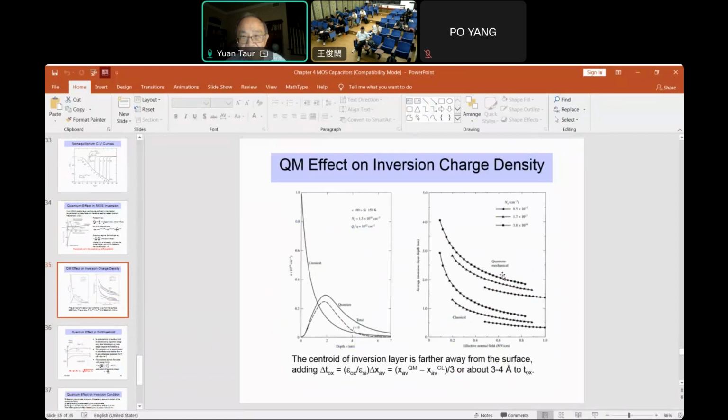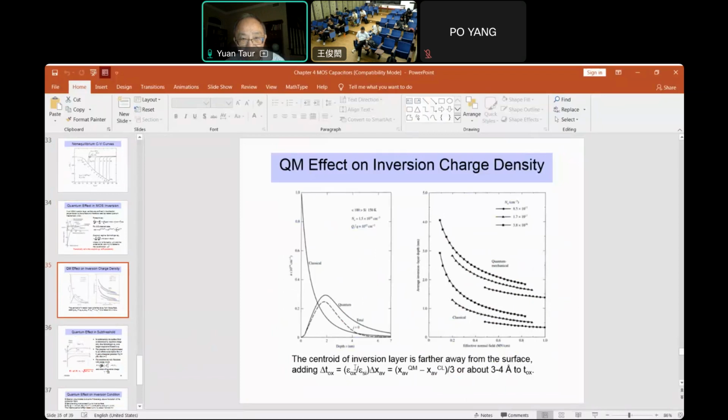In this numerical example, this is the center of mass of the inversion layer, compared with quantum with classical. So in general, quantum is deeper than classical by roughly maybe 1.2 nanometer or 12 angstroms or so, and that's in silicon.